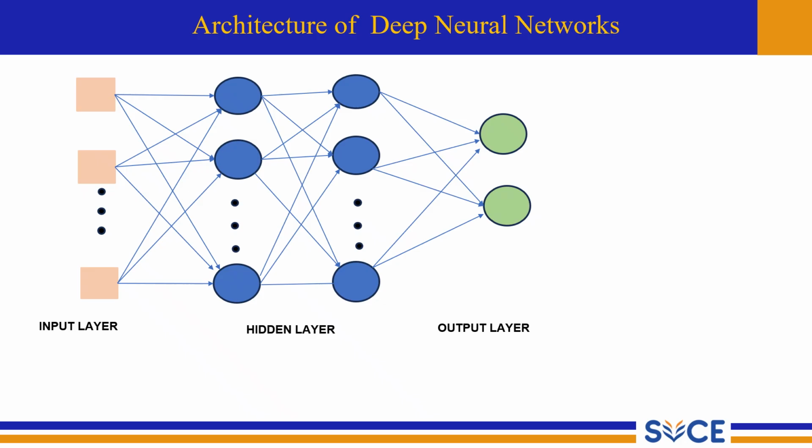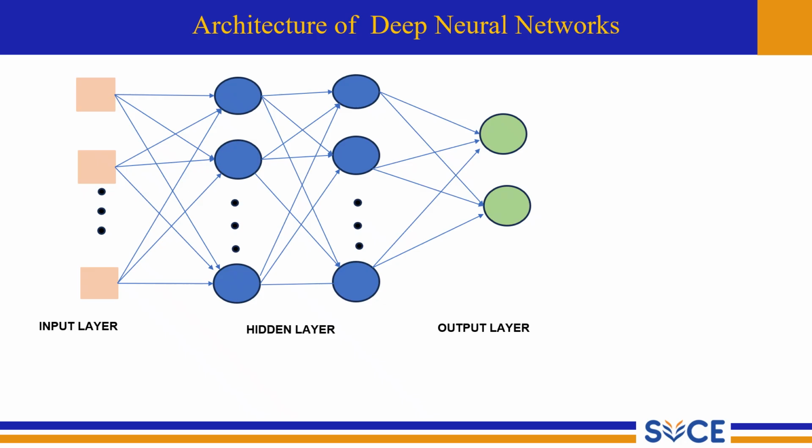And then the last layer is the output layer. The network produces its prediction through the output layer, depicted by the green circles. In this regression task, this layer typically contains one or more neurons that output continuous values.